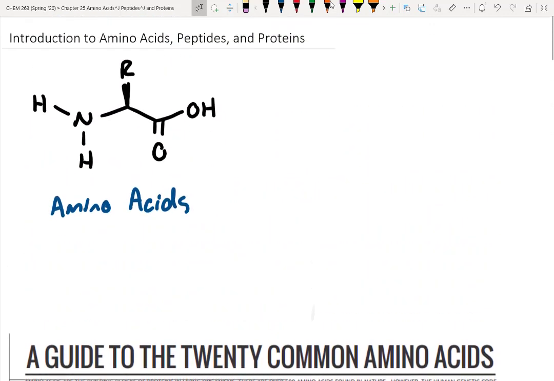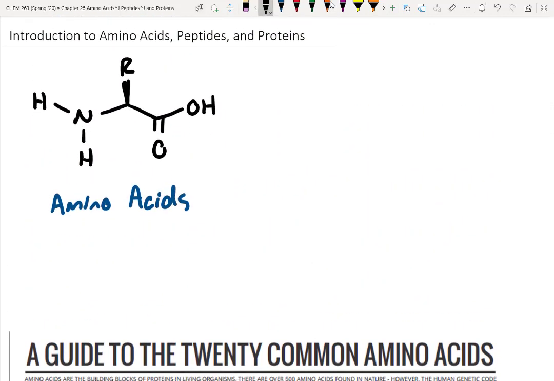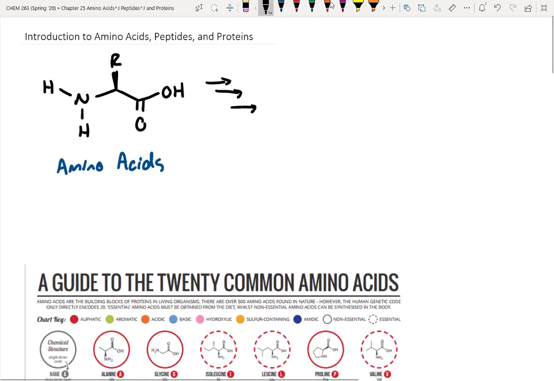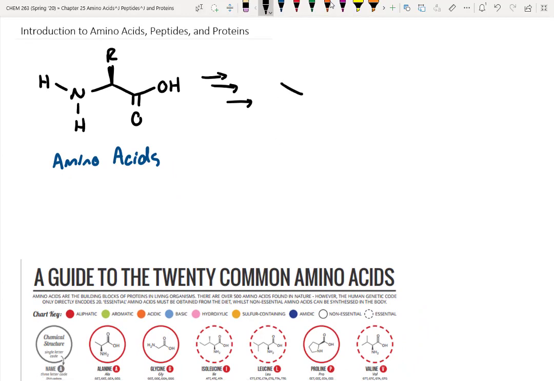All right, the cool thing is each of these amino acids can be linked together either biologically or synthetically into a polypeptide, which is basically just a big polymer of amino acids. So let's go ahead and draw this backbone out, and then I'll add on my side chains in a second.